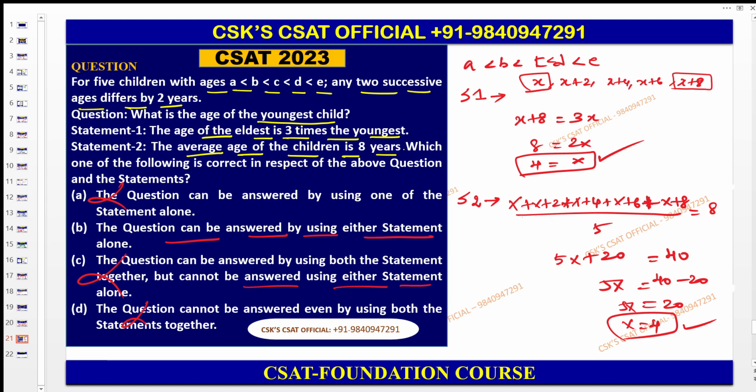Take 50 to 60 questions in one topic alone. Then assumption based questions, main idea of the passage, inference. Like that, you need to work out 60 plus questions separately. Then you can check again.